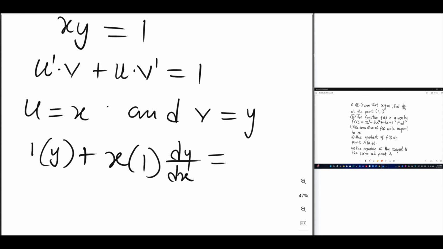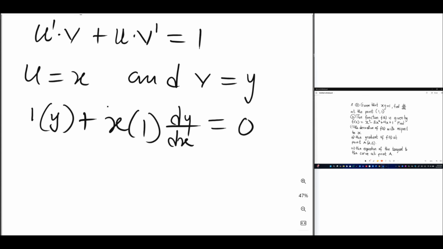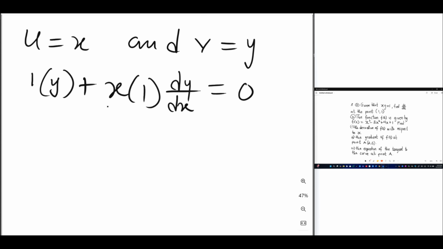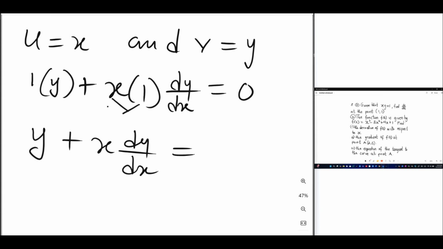And when you differentiate the right hand side, differentiating 1 gives 0. So 1 times y gives us y, then here we have x times 1, which gives x, then dy/dx, all equal to 0.